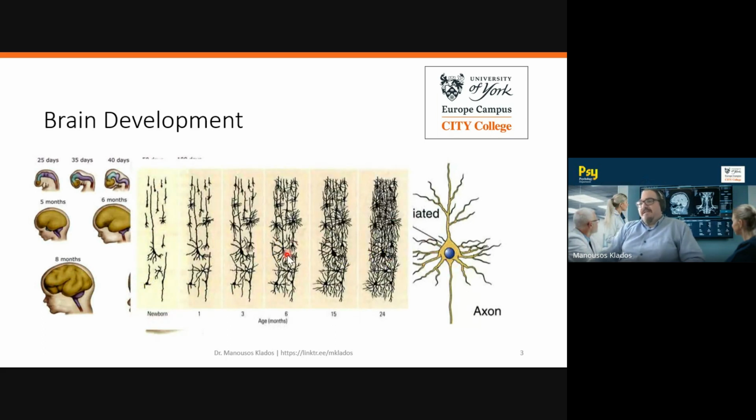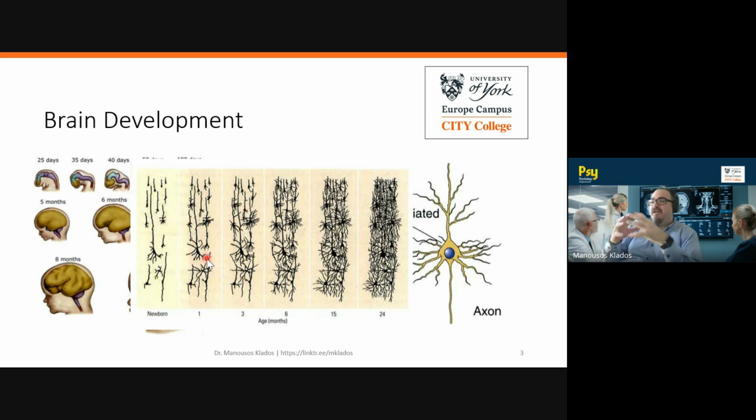Here, on a very small scale, you can see the neuroaxons developed in the newborn, at 1 month, 3 months, 6 months, 15 and 24 months. As you can see, the neurons grow bigger and bigger.